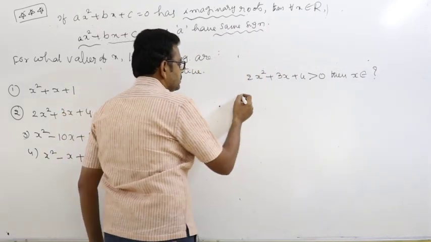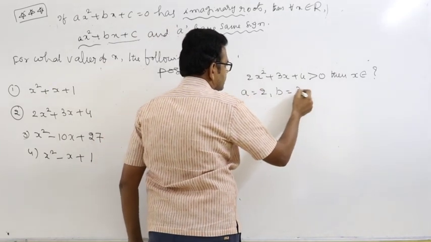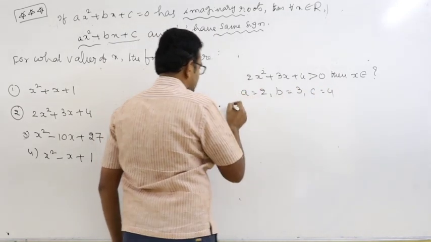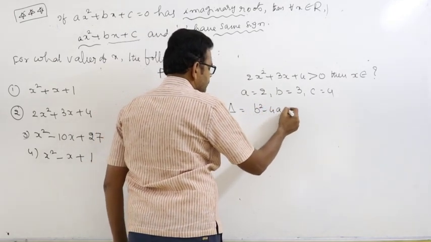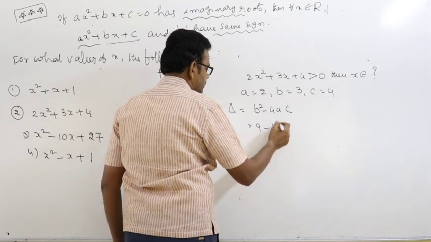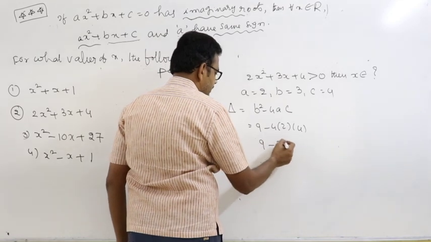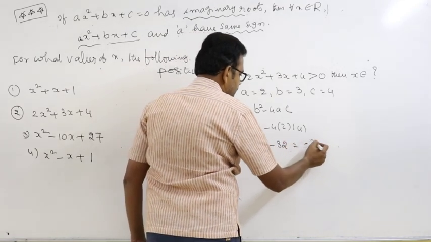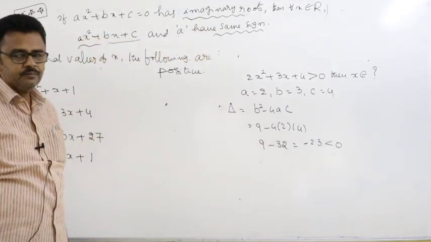In this case also, a is equal to 2, b equal to 3, c equal to 4. Delta equals b square minus 4ac: 9 minus 4 into 2 into 4, 9 minus 32, minus 23, less than 0. There also delta is less than 0.